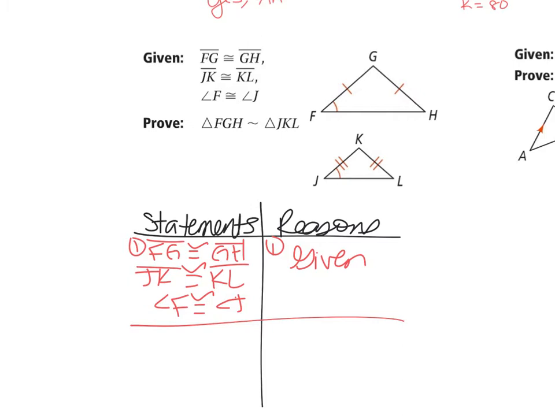Okay, so on this, we know that FG and GH are congruent, and then JK and KL are congruent. Then they also tell us that angle F and angle J are congruent.